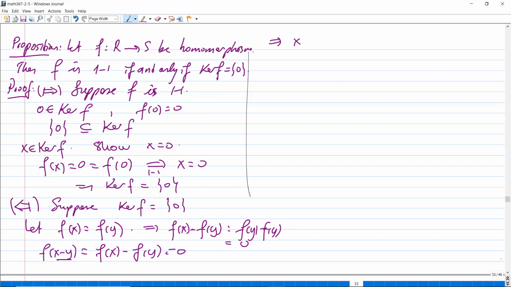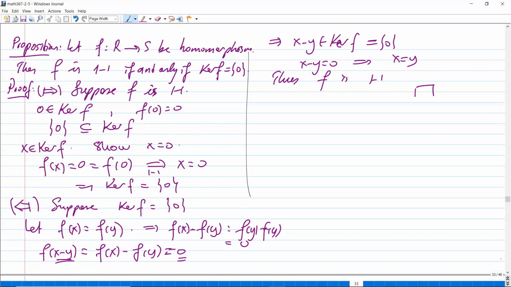Since x minus y is mapped to 0 by f, x minus y is in the kernel of f, namely f inverse of 0. But this consists of only 0, so x minus y must be 0. It follows that x is equal to y. Therefore f is one-to-one. So we proved the proposition: f is one-to-one if and only if the kernel of f is 0.